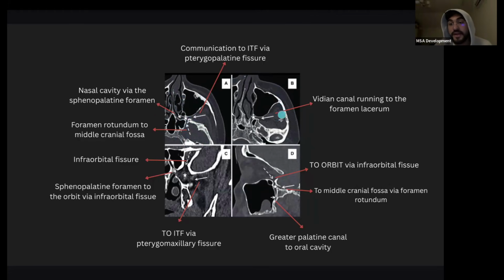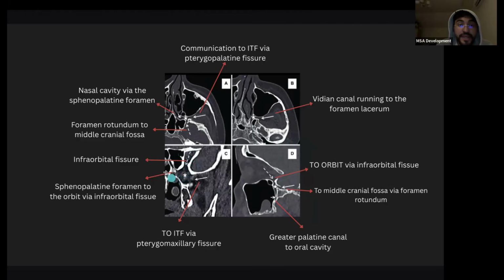Now, this is the Vidian canal right here, or the pterygoid canal, running to the foramen lacerum. And then here, you'll have the pterygopalatine fossa in communication with the infraorbital fissure.